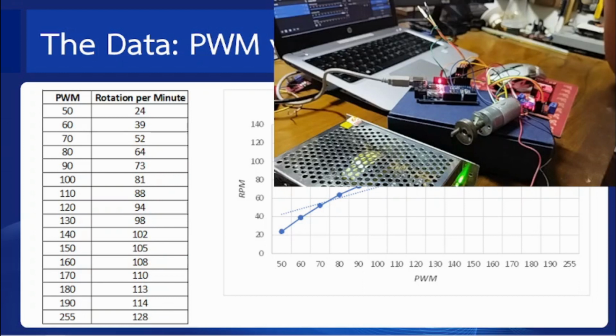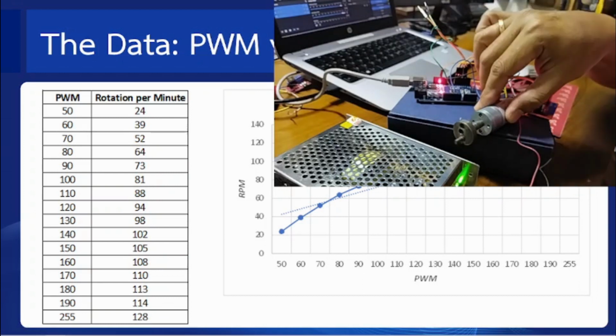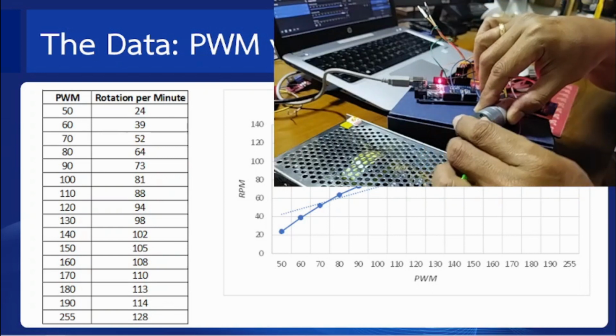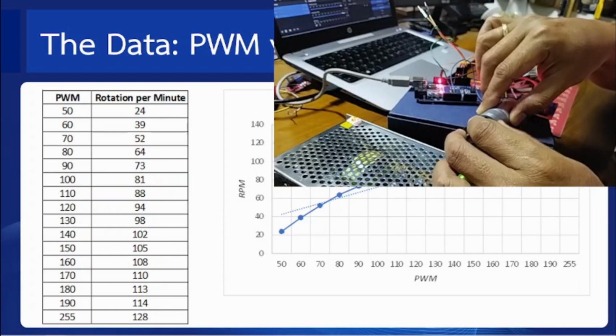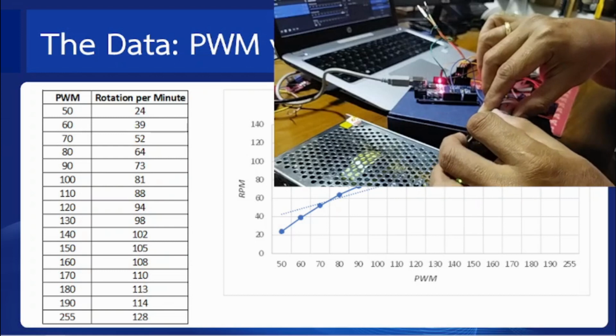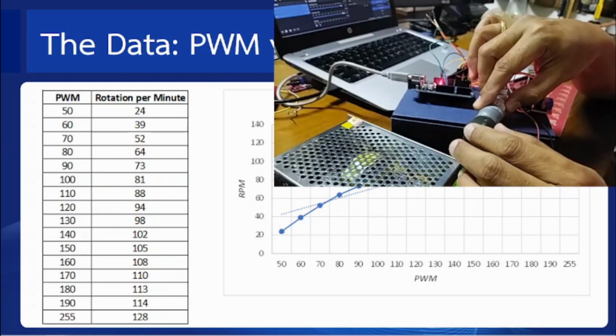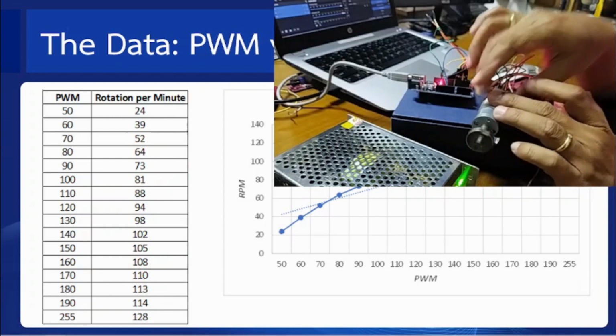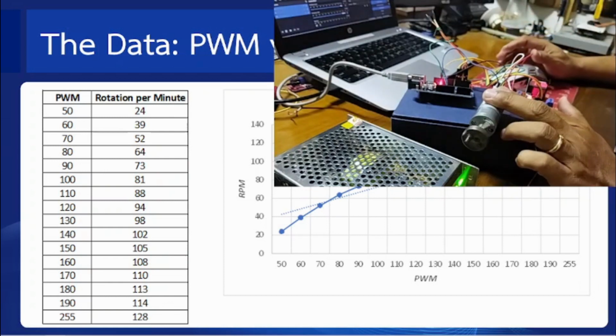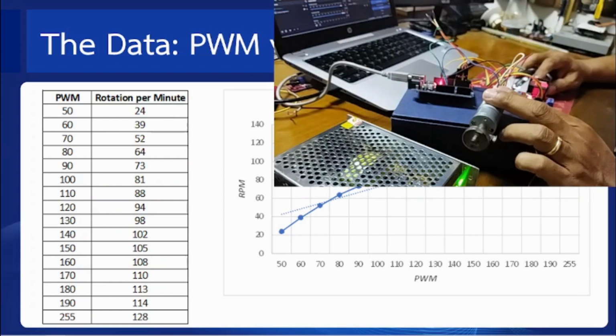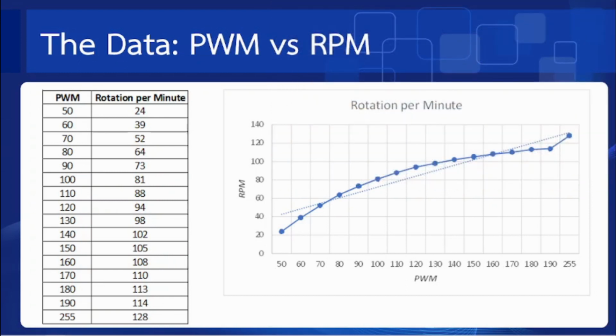But here, since the controller is open loop, if we put some load on the motor, the motor cannot compensate. It will not evaluate the error because this is an open loop controller. Basically, we got all this data without any load on the motor.